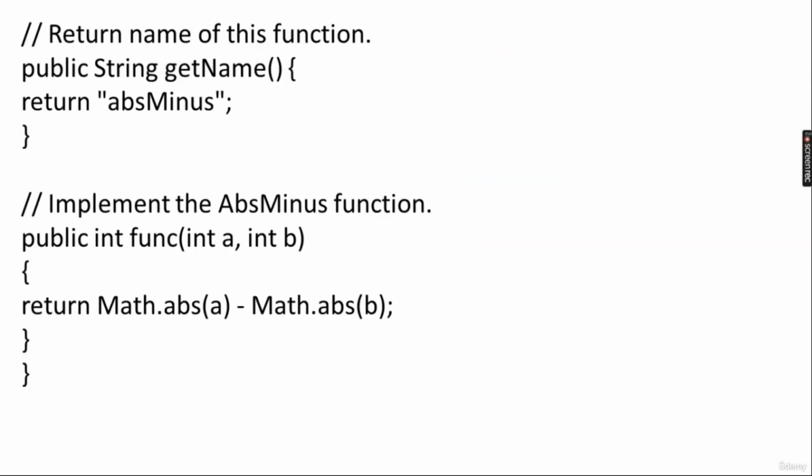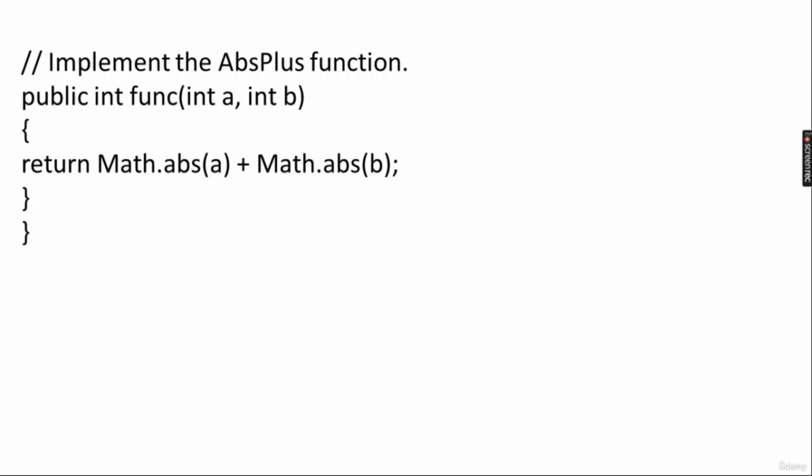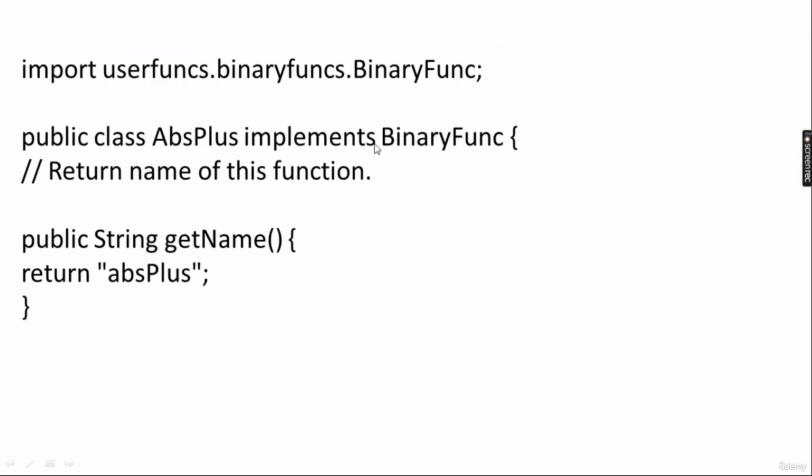AbsPlus. So this is the class here, AbsPlus implements BinaryFunction. And when we are implementing this provider interface, it will return the BinaryFunction instance object, that is, whichever class is implementing this BinaryFunction interface.